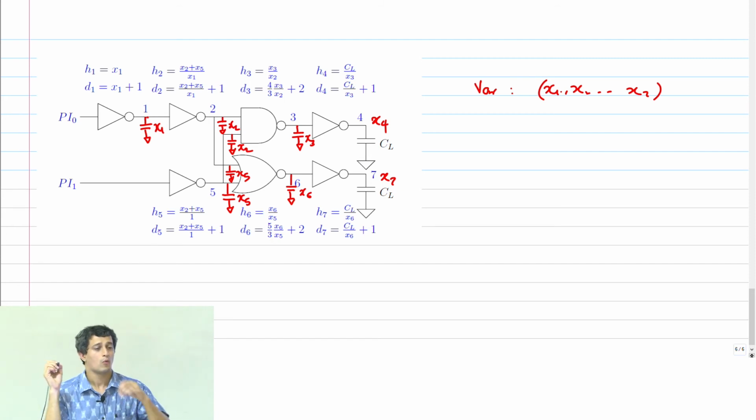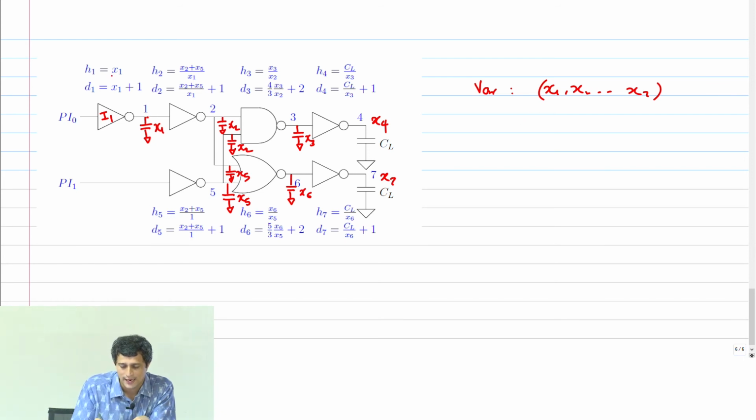Okay. So what is the delay of inverter I1? It is GH plus P. What is H? X1, right? Assuming that the first inverter is a 1x inverter. Okay, let's keep that as an assumption. So H1 is basically just x1, and therefore the delay of the inverter is x1 plus 1, right?